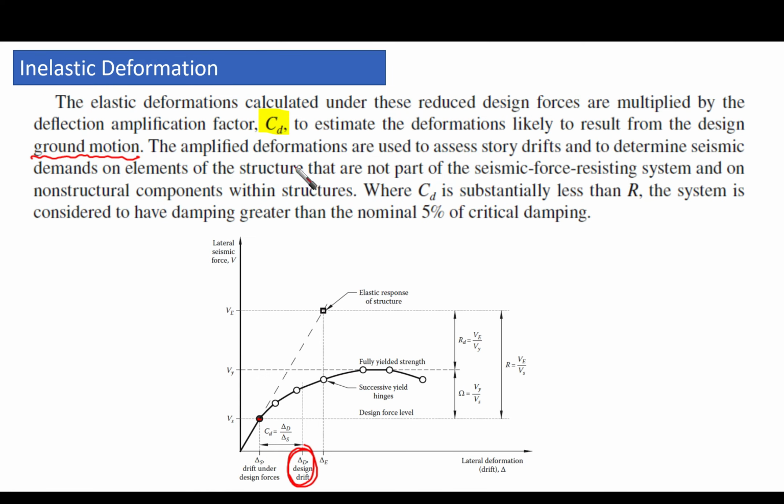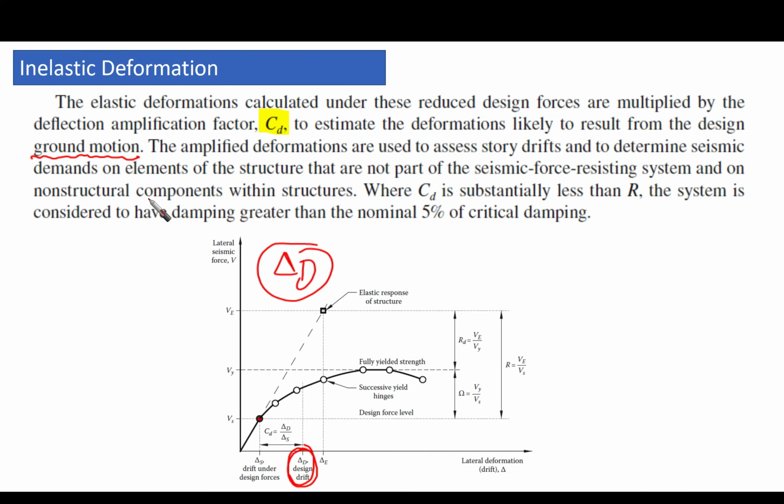The amplified deformations are used to assess story drifts and to determine seismic demands on elements of the structure that are not part of the seismic force resisting system and on non-structure components within the structure. So why we need this kind of delta D design?